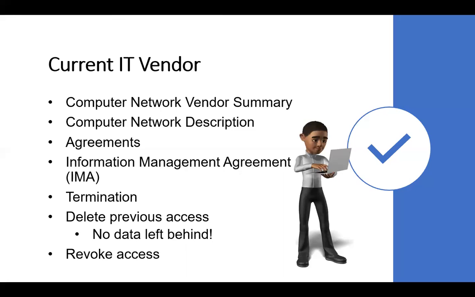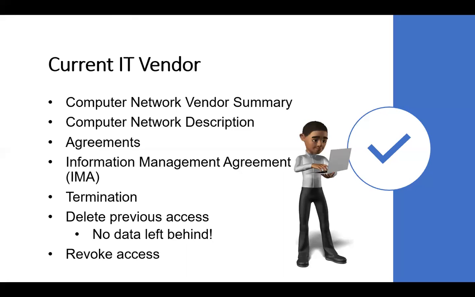Oftentimes, our custodians have changed over the years, so it may have been signed by Dr. Brown 2 years ago, but Dr. Brown doesn't work for you anymore. So make sure that that information manager agreement has been updated and signed by the right people. Make sure that you've got appropriate termination clauses in place.